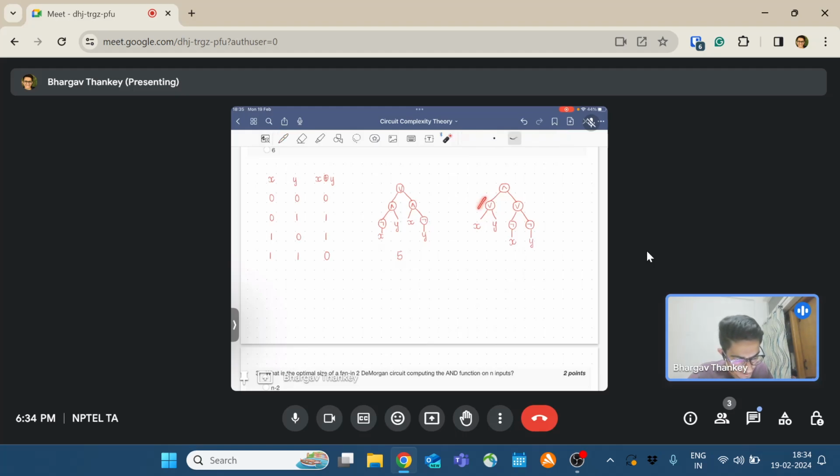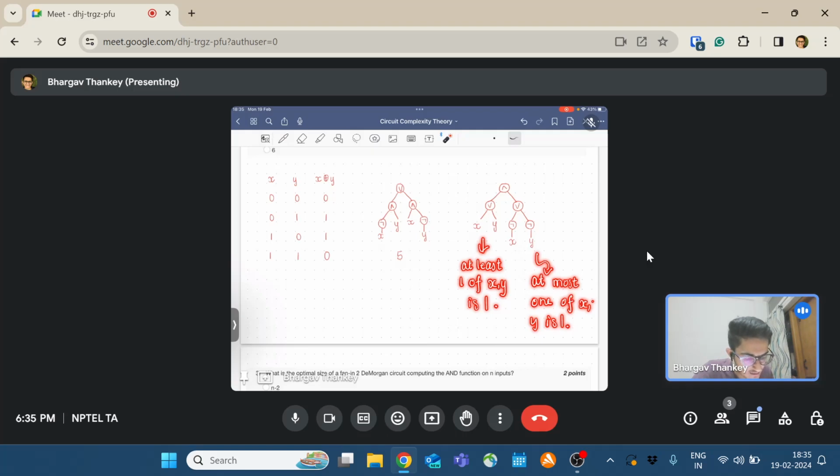So when is this gate one? At least one of x or y is one. And this gate is zero when both of them are one, so this means at most one of x, y is one.